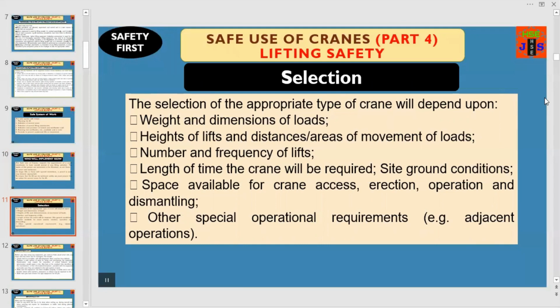The selection of the appropriate type of crane will depend upon the weight and dimensions of the load, heights of lifts and distances, areas of movement of the load, number and frequency of lifts, length of time the crane will be required, site ground conditions, space available for crane access, erection, operation and dismantling, and other special operational requirements such as adjacent operations.